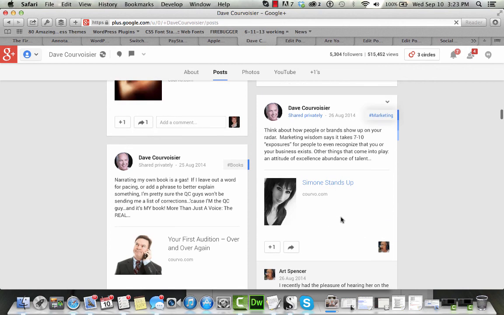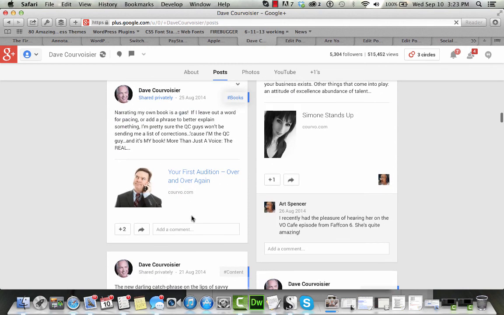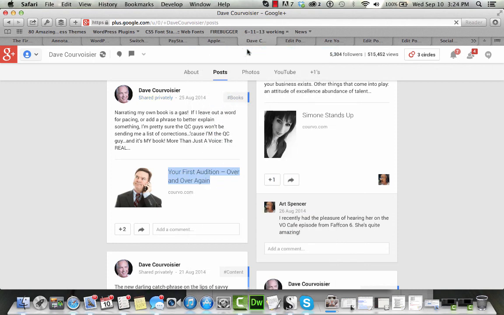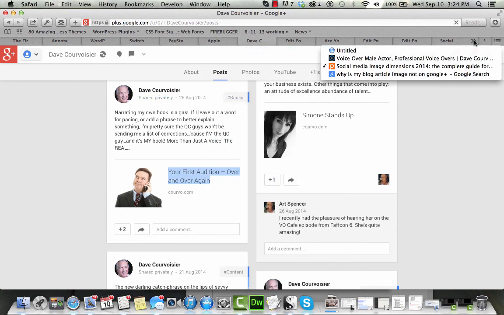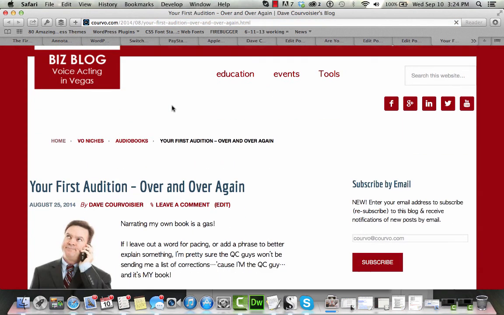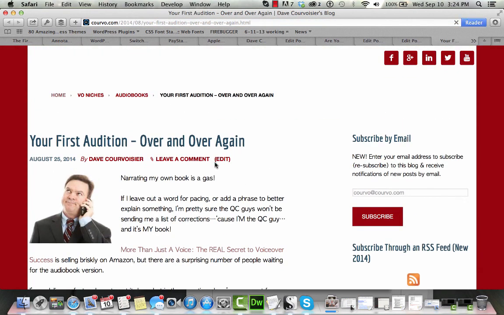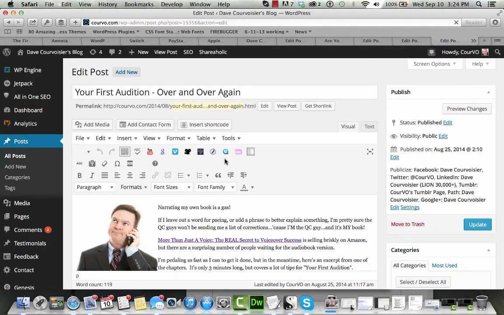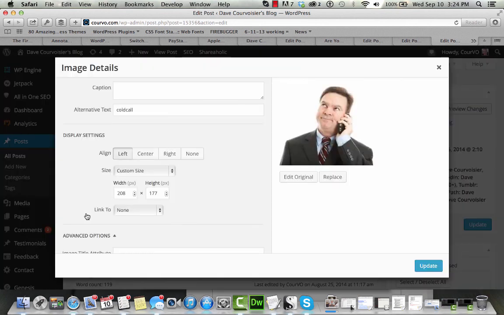And we'll go ahead and take a look at one of these and see if we can find out. Pull that article up, and we'll go in and, oops, it's still loading a little bit. We'll edit that article to view the image and find out if this one that did show up on Google Plus actually had dimensions that Google was happy with, which might sort of confirm our rule.